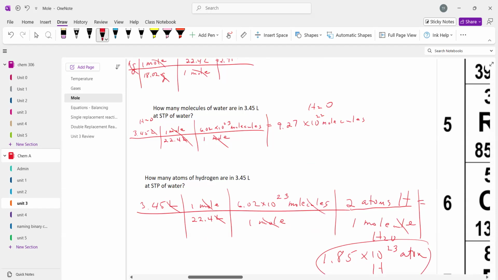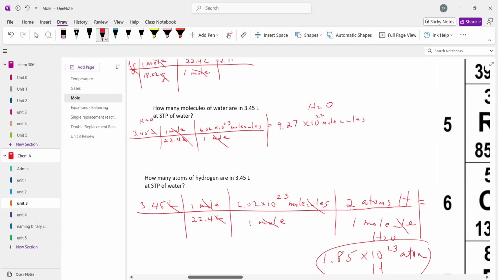No, it's exactly 2-to-1. So it's infinite sig figs. So that's why the answer has 3 sig figs in it. The 2-to-1 does not count in terms of calculating the sig figs of the answer. Now I've got many words. Are there any questions about these two problems, these last ones?